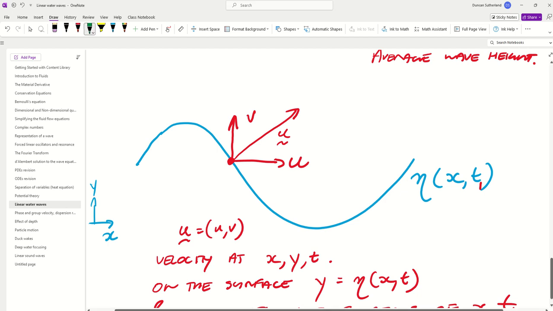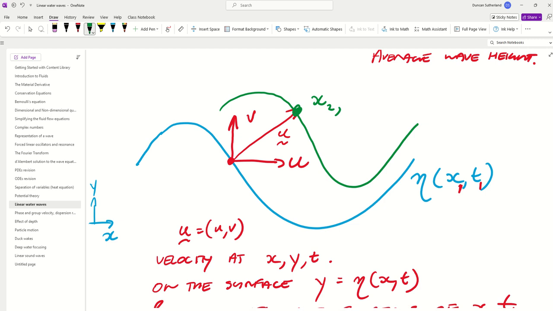So if I were to draw a new wave, something like that, this green dot there is, the coordinate is x at time 2, right, so this needs a time 1 as well. This is x at time 2, t at time 2, but the y position, the height, is eta of x2 t2, right?